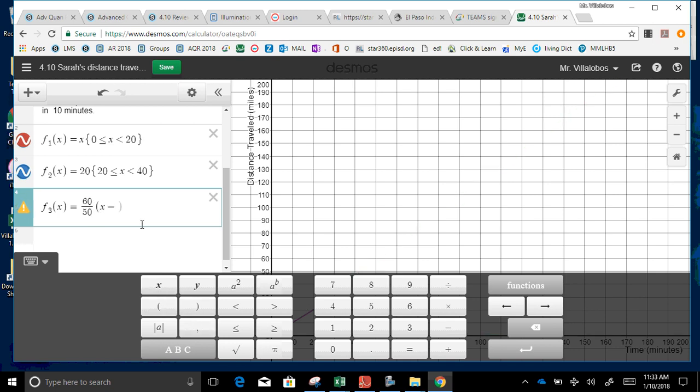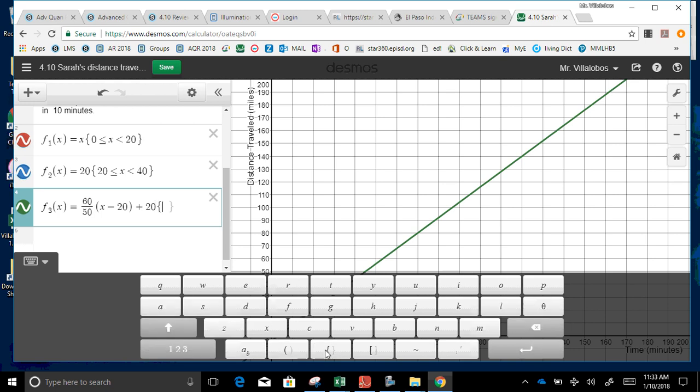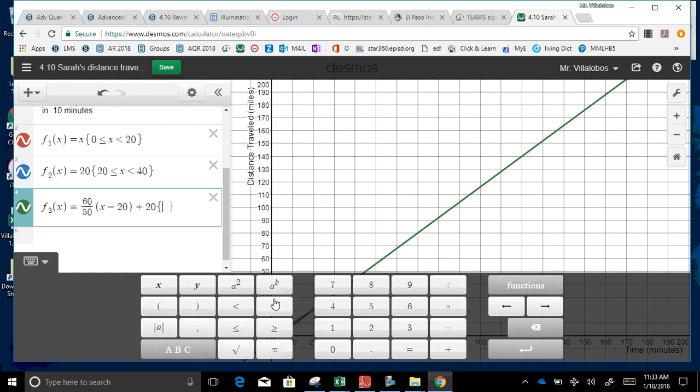X minus 20 plus 20, but restricting it to starting at 40 this time. And for the next 50 minutes, 40 plus 50 is 90.